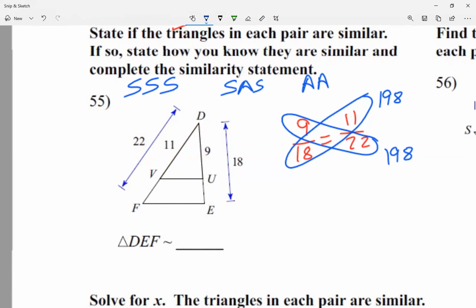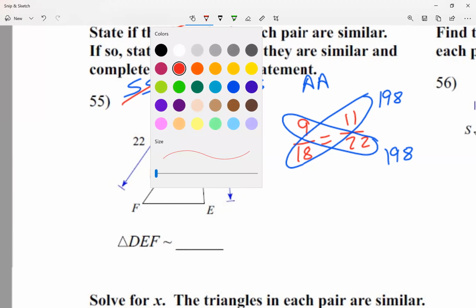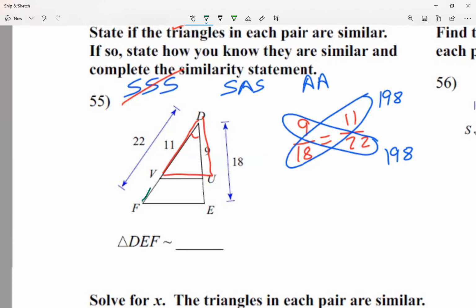So for sure, I don't have side, side, side, right? I don't have 3 sides. Angles. It would be nice if I had an angle marked. But let me take a look at angle D. When you think about it, angle D from the small triangle is equal to angle D from the big triangle.